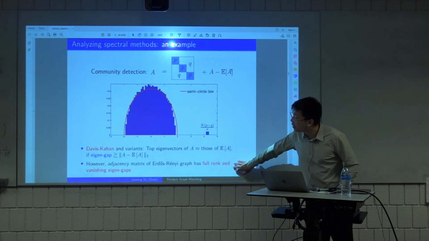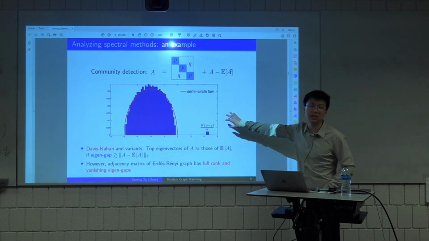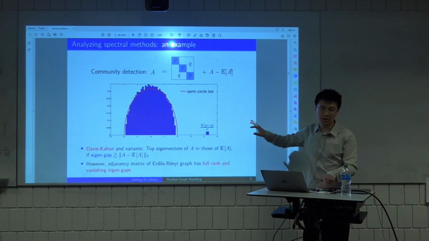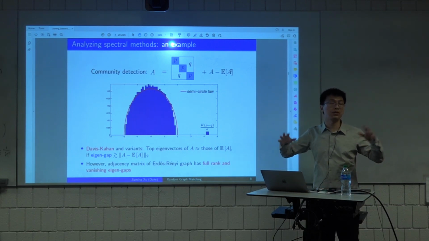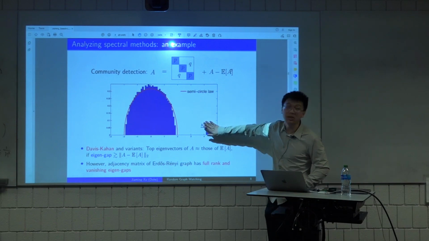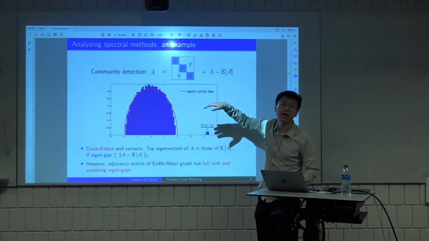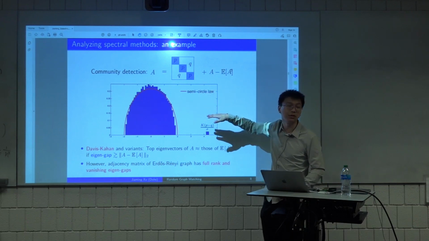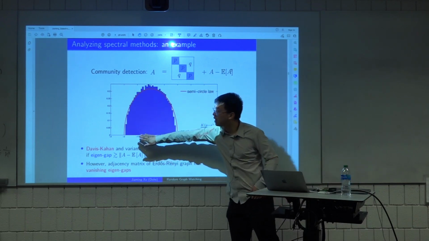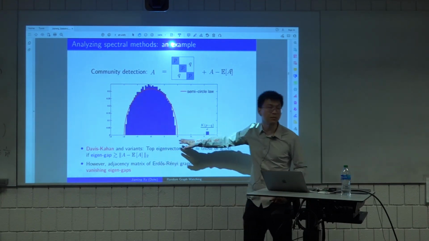But one thing that we will see is that for the graph matching problem, I don't have this kind of structure anymore, because my 2 graphs are just the same graph. And then you don't have the mean part, basically. The mean part is completely uninformative because P equals Q. So after proper normalization, for the purely Erdős–Rényi graph, you just have this bulk of spectrum.